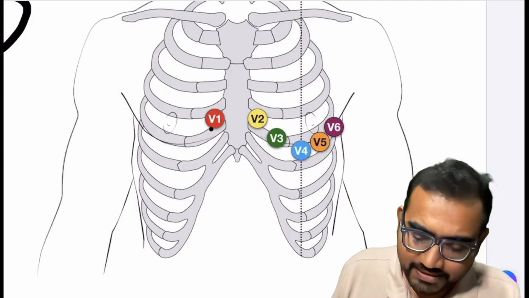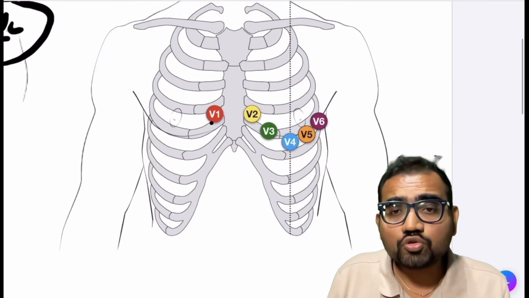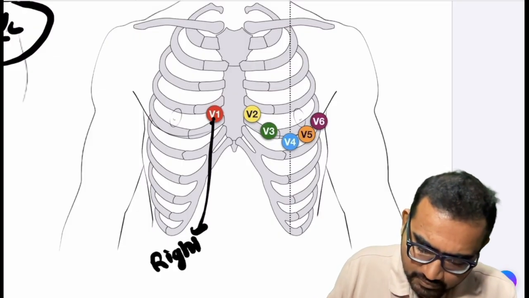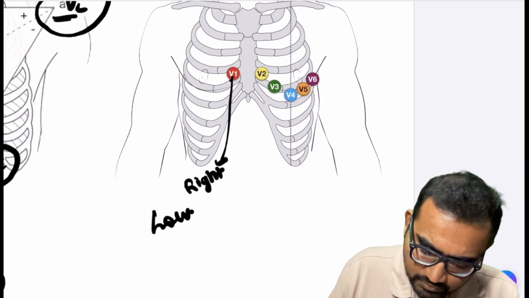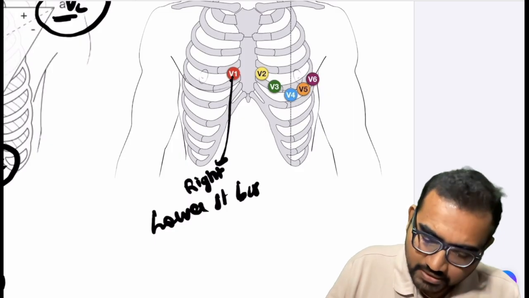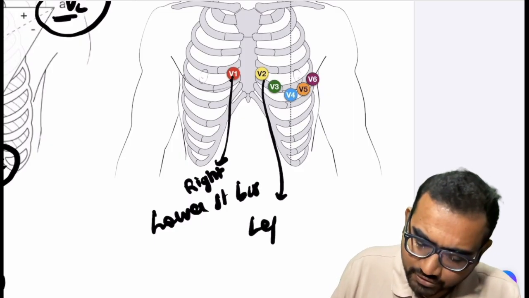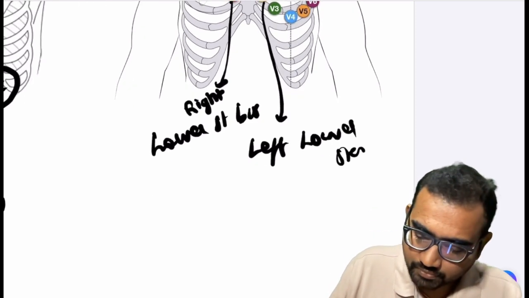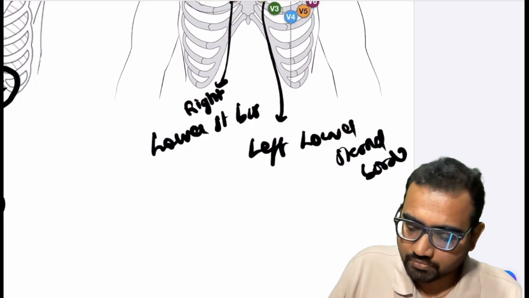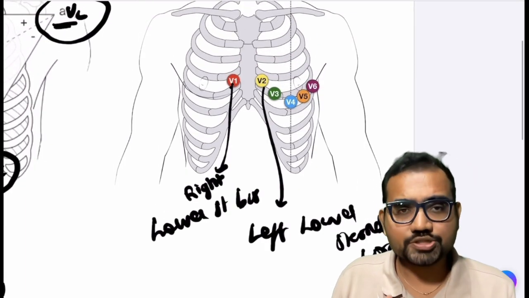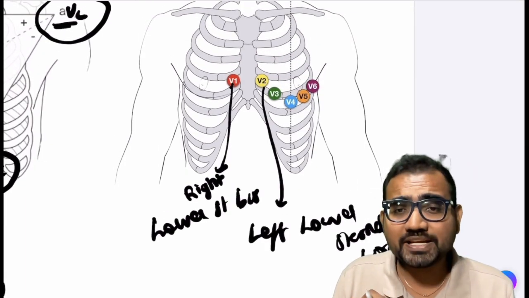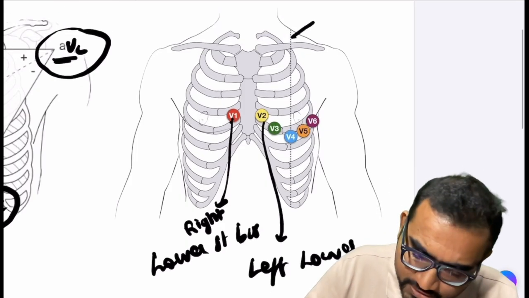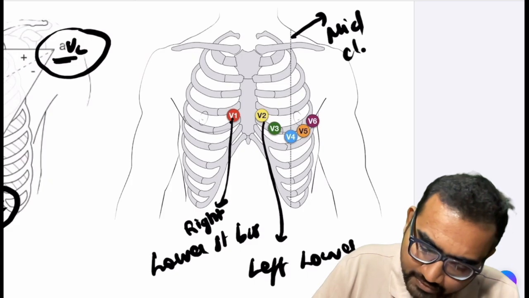V1 indicates the right lower sternal border. In contrast, V2 is the left lower sternal border. V3 is present between V2 and V4, and V4, as you can see, is the mid-clavicular line.